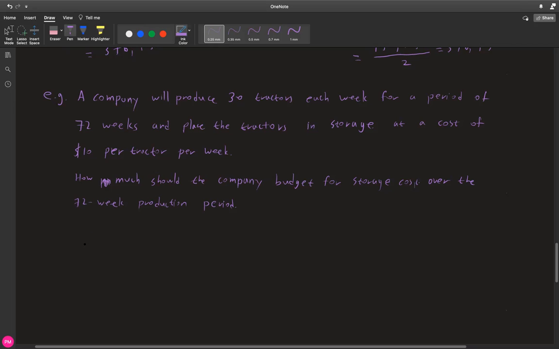So to see this problem more clearly, let's actually create a table. Let's say this is week 1, 2, 3, 4, and all the way up to, let's say, 71 and 72. I think that's enough.